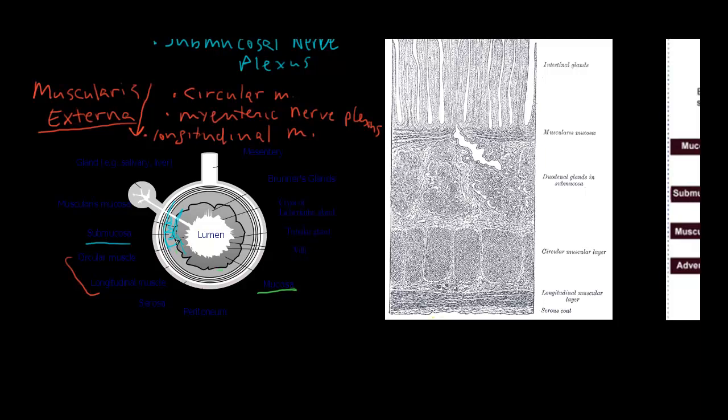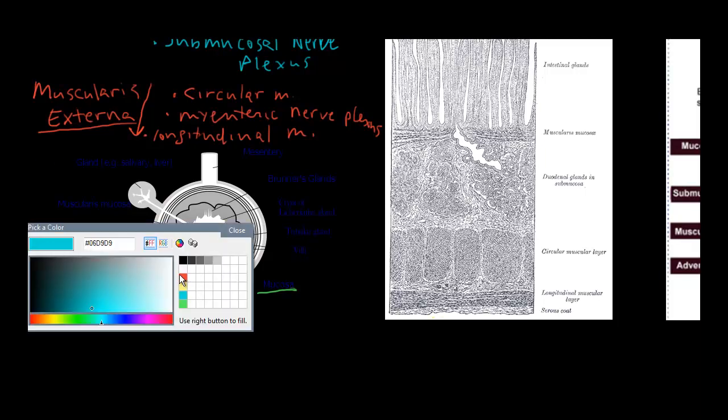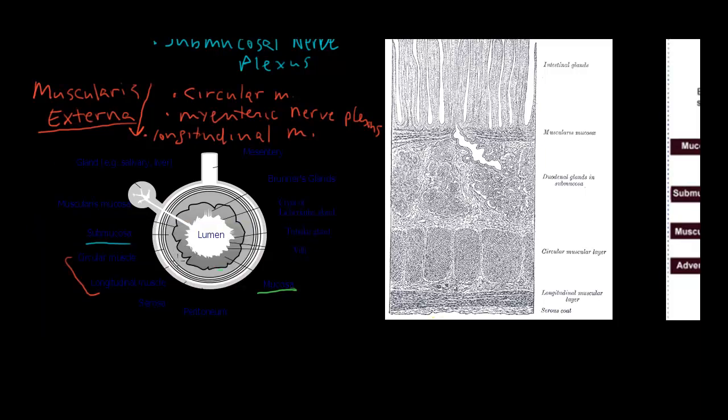And then we have the last layer, the most distal layer, the muscularis externa. Muscularis externa includes a circular layer, as the name suggests. It's circular.